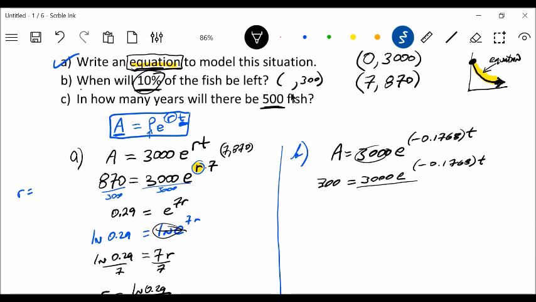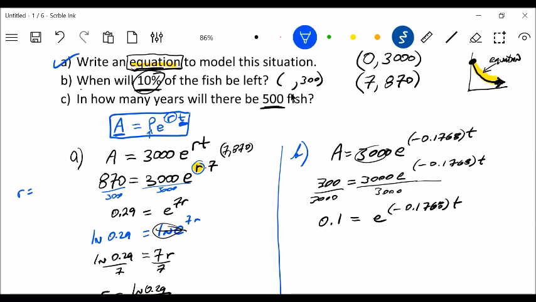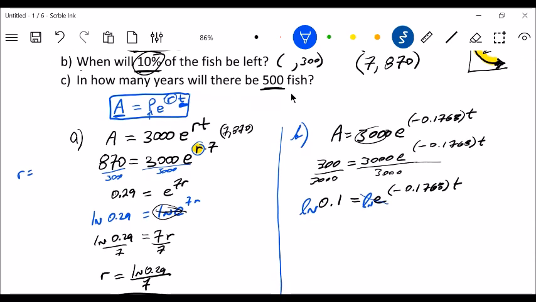When you divide both sides by this 3,000, we actually get 10%, or 0.1 is equal to e to the negative 0.1768 t. We will need to apply natural log to both parts so that this will be able to cancel out. So now we're at a natural log of 0.1.